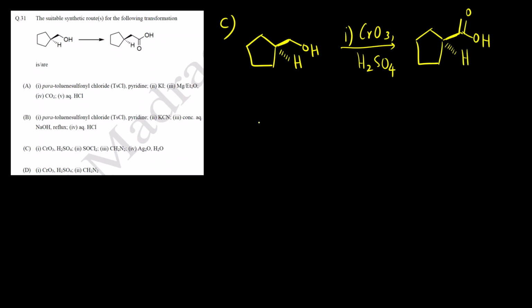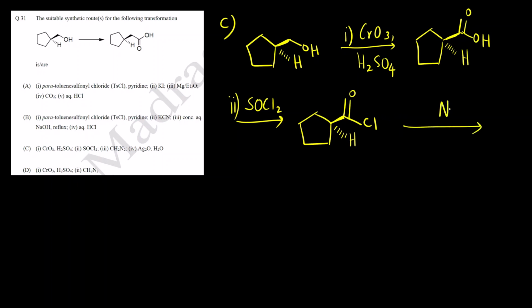Reaction with SOCl2. What will SOCl2 do? The carboxylic acid will be converted to acid chloride. Now the third reagent is diazomethane.